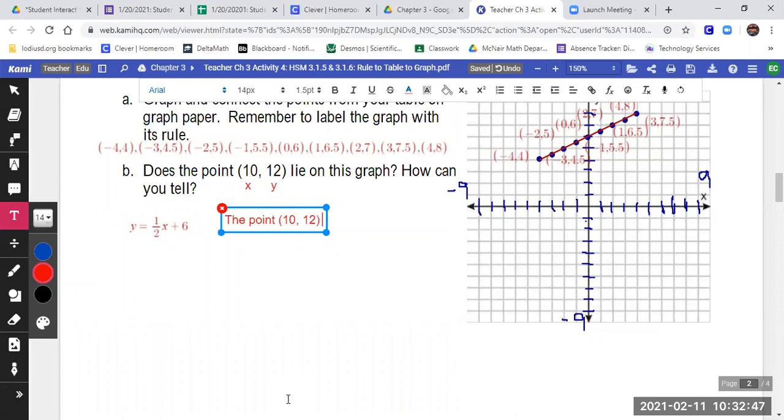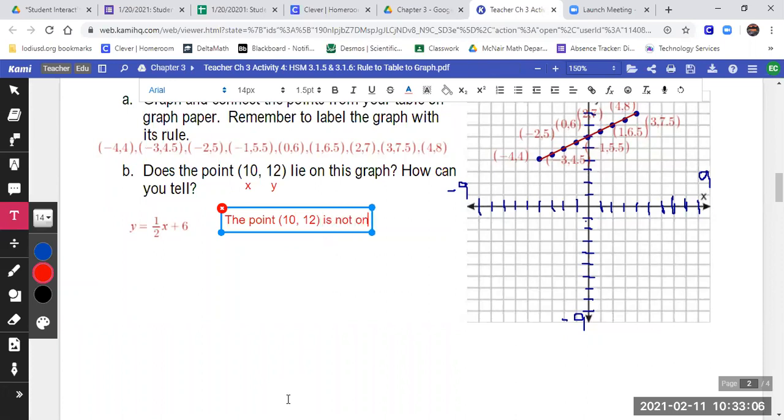Okay. Because 4 makes 8 and 6 makes 9 and 8 makes 10 and 10 makes only one more.